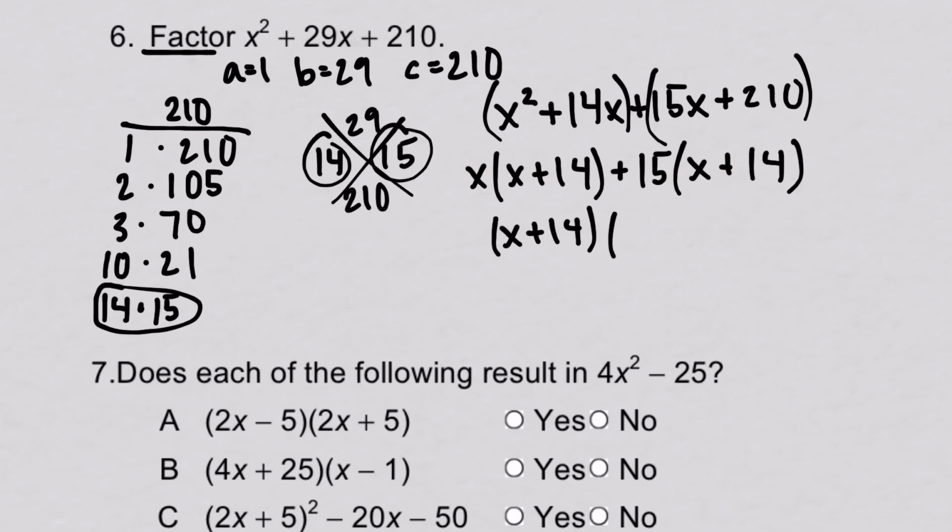And the final remaining factor is going to be x plus 15, which is this one and this one. When I take x plus 14 out of each one, x plus 15 is what's left. And that's it. That's your final answer. Do not go ahead and go further because there's nothing to do. Some of you guys are going to do this.